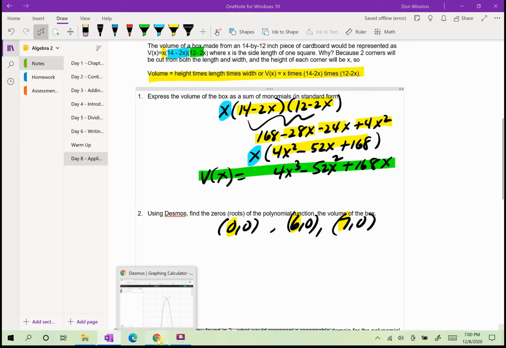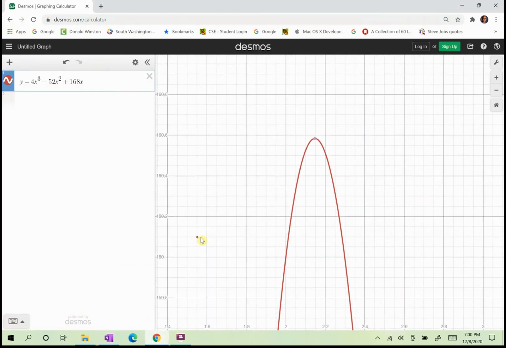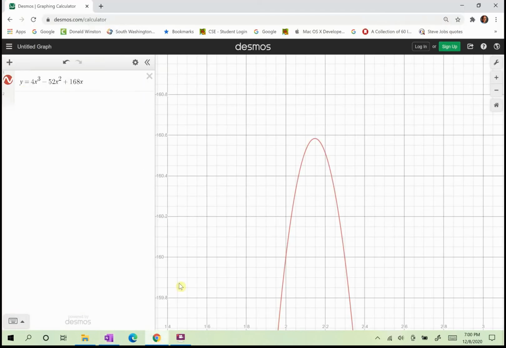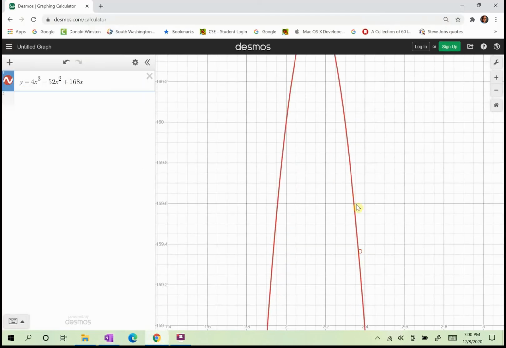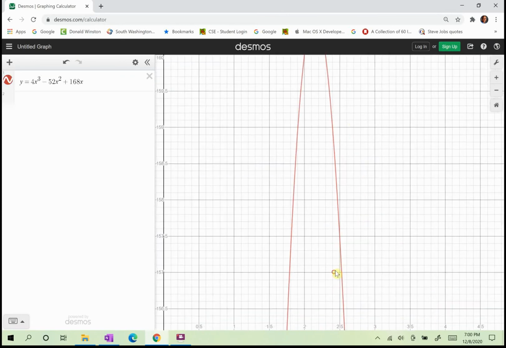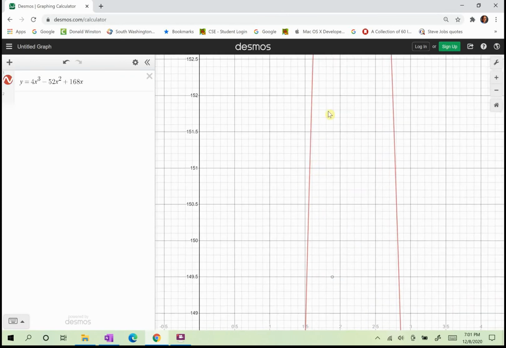So what I've done is I've taken the liberty of graphing that. Okay, there's 4x cubed minus 52x squared plus 168x. Let me just verify. 4x cubed minus 52x squared plus 168x. And then the question asks us to find the zeros. So we have to go to where y is equal to 0.